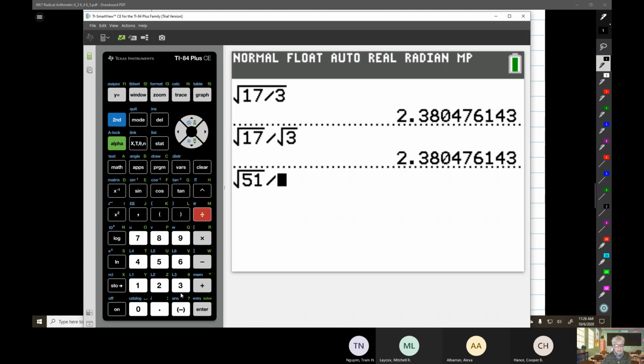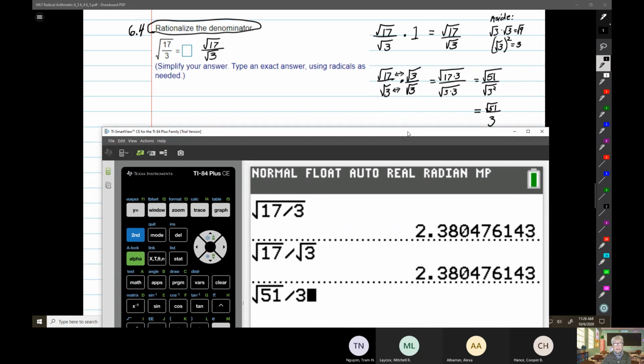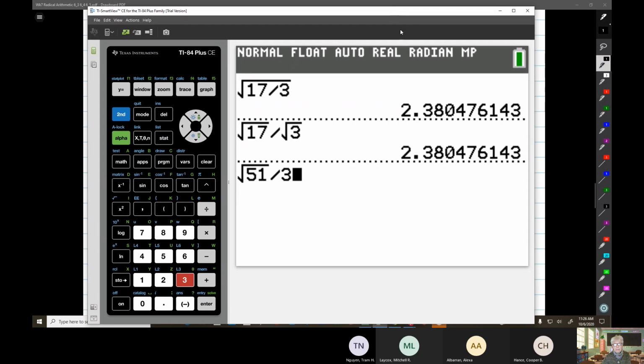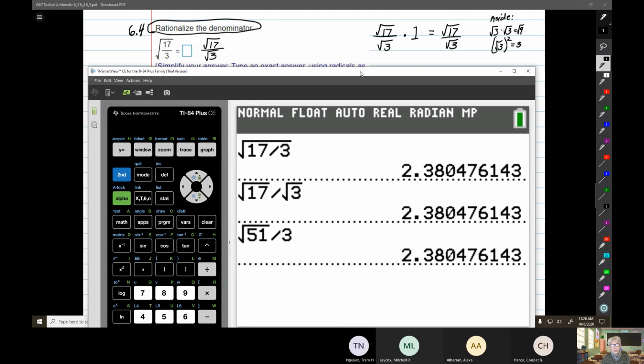Then I divide by 3, because remember, it's not the square root of 3 on the bottom now. It's 3. Enter. Same exact number. So you might say, how silly is that? Why do you have to do that? And the answer is you do. So just be good.